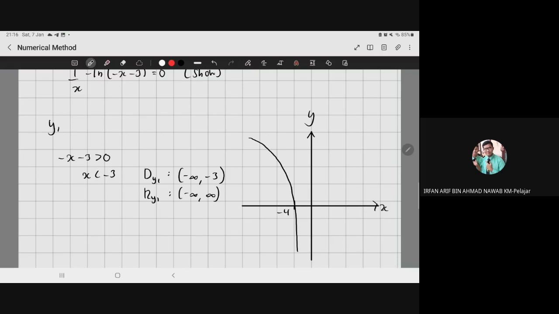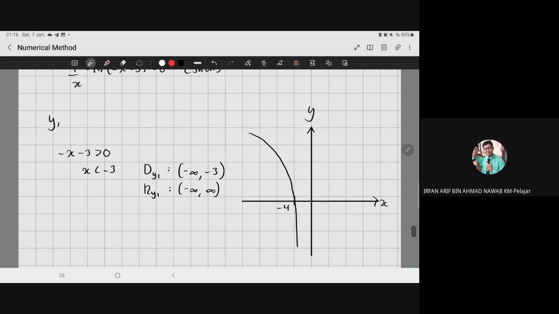Basically, there's a vertical asymptote for this logarithmic function, which is negative 3, just to let you know. Do I need to write down the asymptote? I'm not sure, but I think that's our asymptote in a way, which is negative 3.